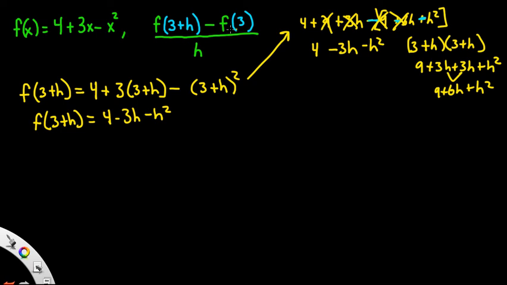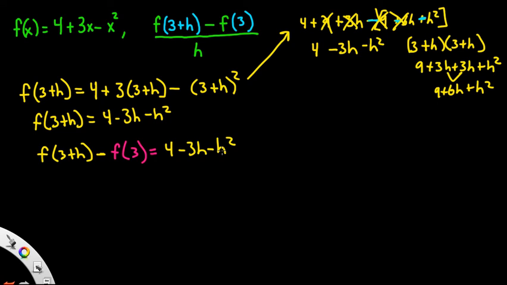So now we've got to add on this little additional piece. So we've got our f of 3 plus h minus f of 3 equals, and then we've got 4 minus 3h minus h squared.